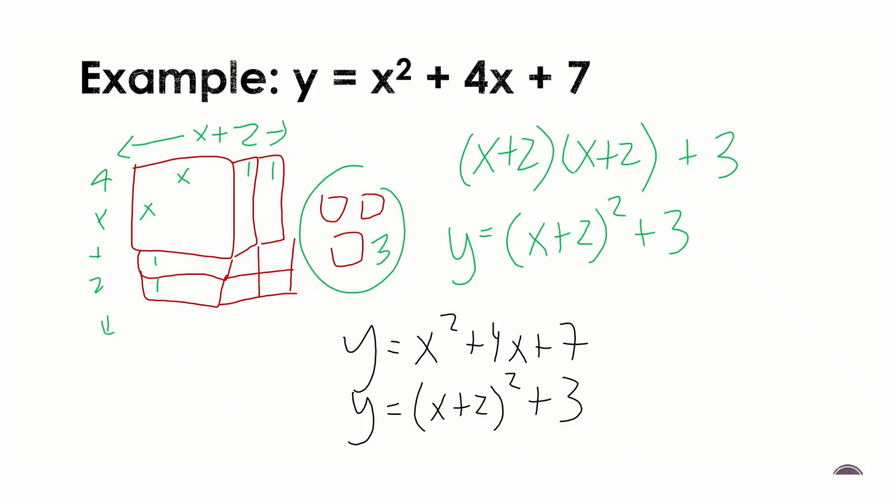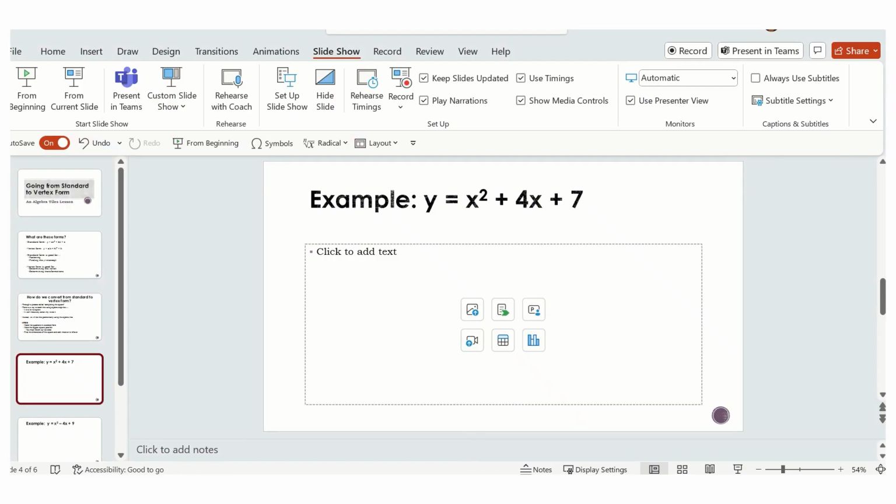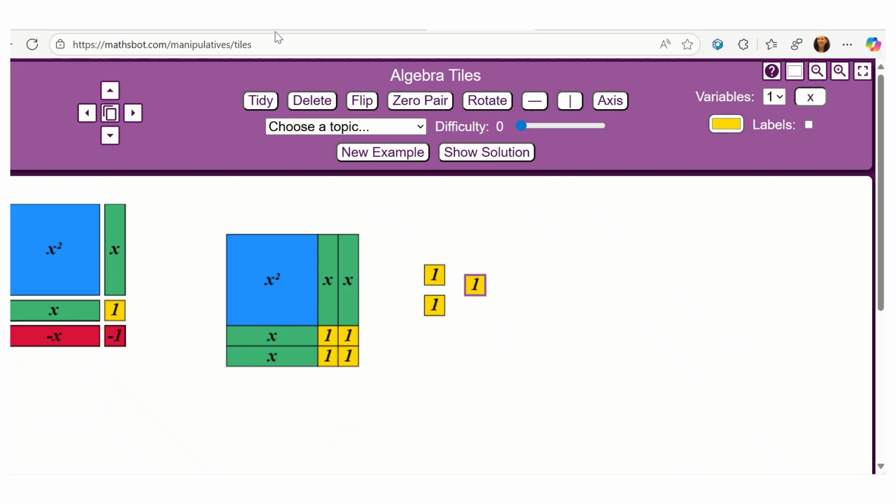It sure looks different, doesn't it? It does. So let's go. The next one we're going to do is x squared minus 4x plus 9. I am going to take a detour over to Desmos for a second. So let's come over here to Desmos.